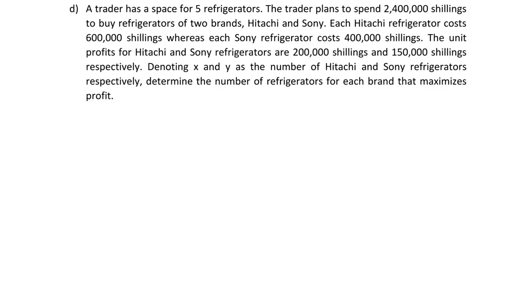Since the trader has space for accommodating 5 refrigerators, X plus Y should not be more than 5. Then we have X plus Y less than or equal to 5. Also, from the information given, 600,000 shillings is used to buy one Hitachi, so 600,000 X will be used to buy X Hitachi refrigerators.